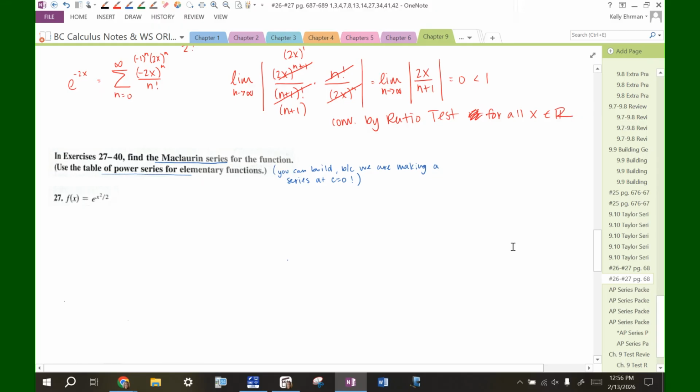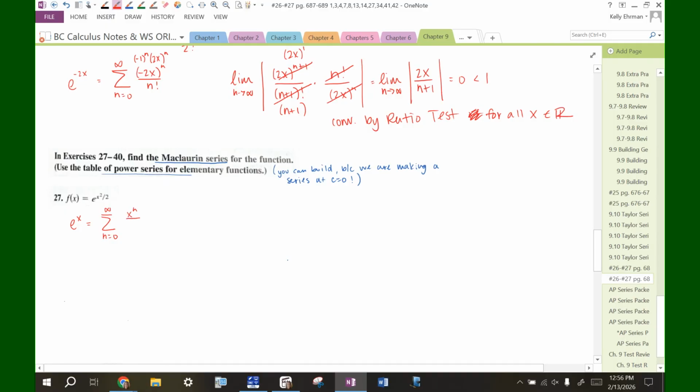Okay, find the Maclaurin series for this function. Use the table of power series elementary functions. That just means, again, we can still build because these are Maclaurin, and we have a center at 0. So because we just worked with this, I'm just going to write the series for e to the x first.